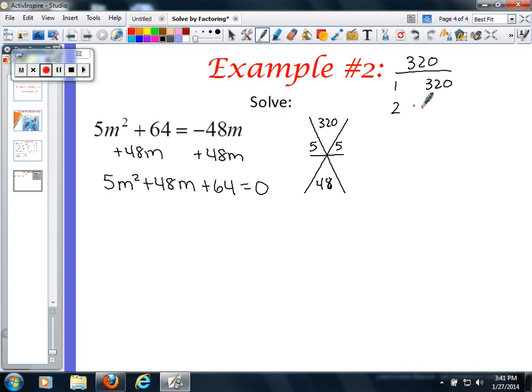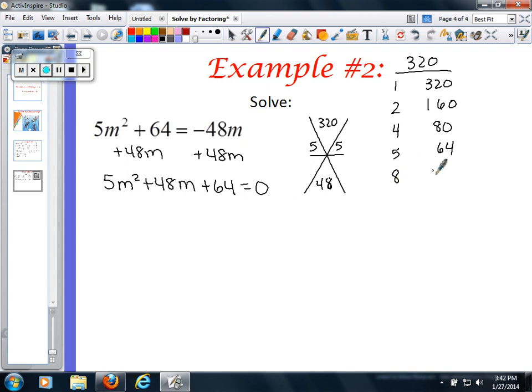factors of 320. So you've got 2 and 160. 3 does not go into it. 4, this will be 4 and 80, I believe. 5 goes into 320 64 times. 6, nope, 7, and I don't mind if you guys use a calculator.